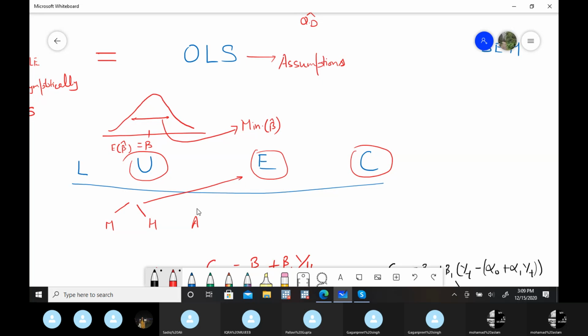And in autocorrelation, it may increase or decrease, depending upon the relation between error terms and the correlation between our independent variables. That in the end will decide whether variance will increase or decrease.